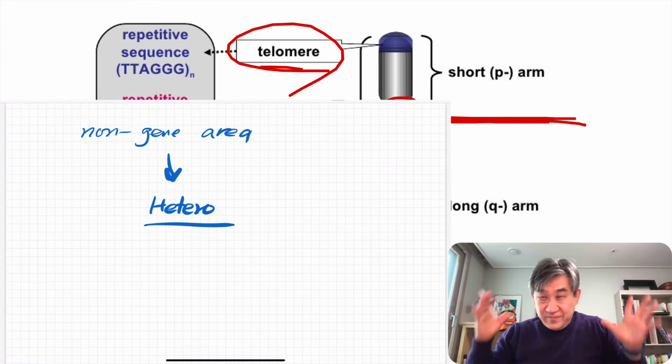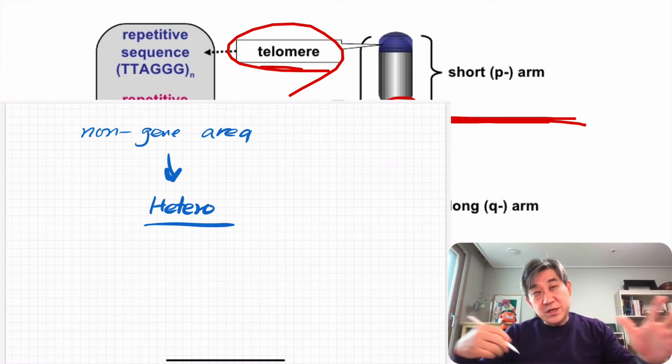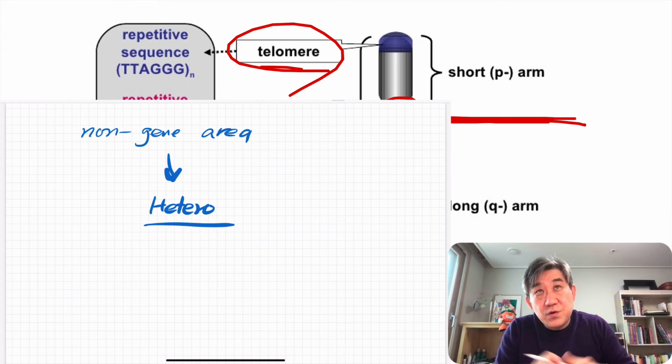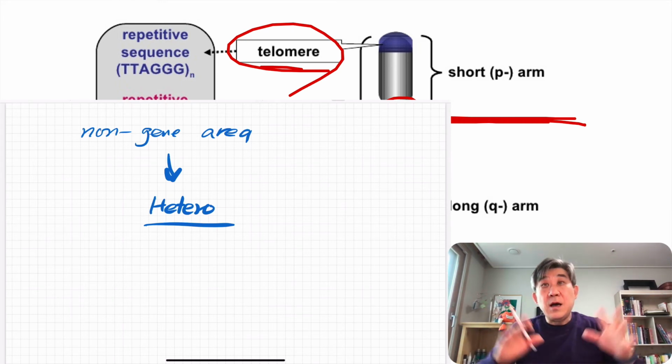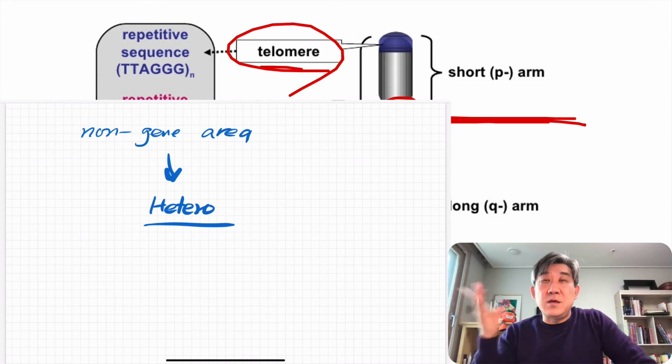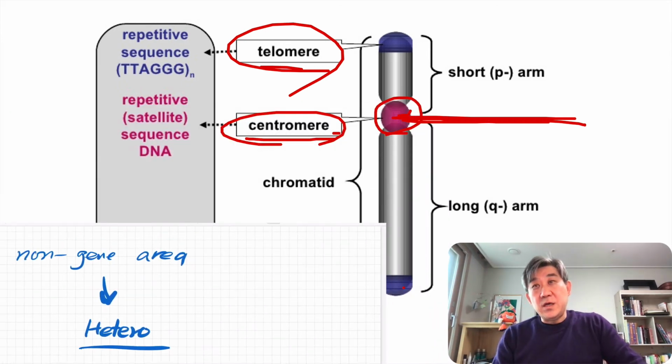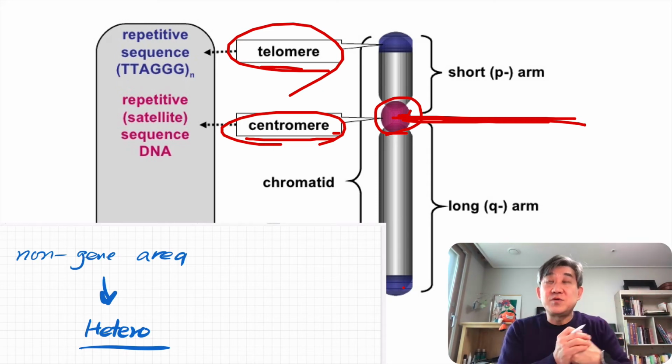Why? For one thing, if this relationship holds true, the telomere and centromere areas are where you don't expect to see any genes, and that is the case. If you look at the centromere or telomere of a chromosome, you seldom find any meaningful genes.